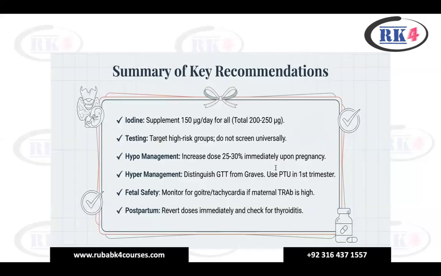Shift the patient to propylthiouracil in the first trimester and carbimazole from the second and third trimester onwards. Make sure the fetus is safe and monitor it according to the recommendations. And in the postpartum, revert to the pre-pregnancy doses, check for thyroiditis, and repeat the thyroid function test in 6 weeks' time.